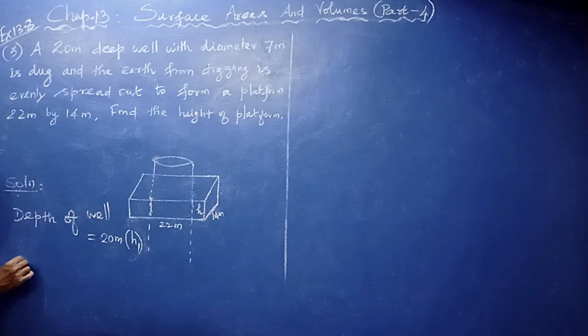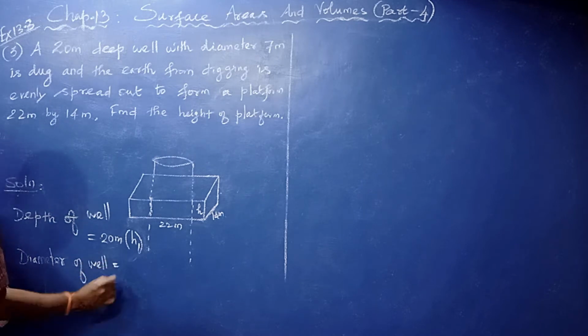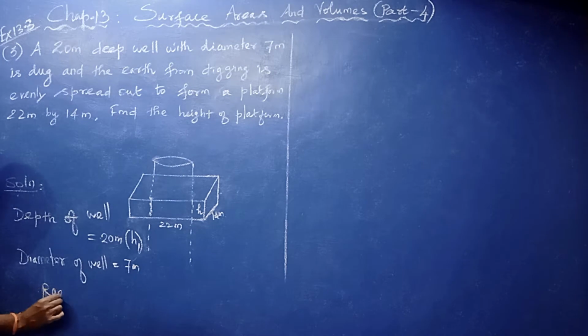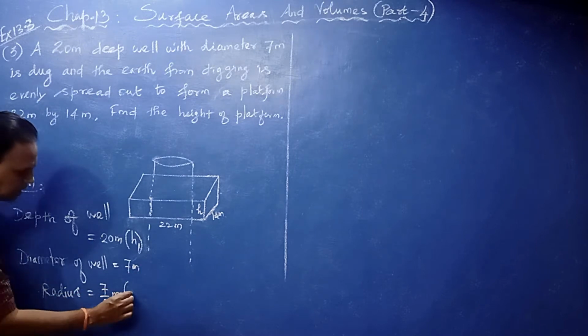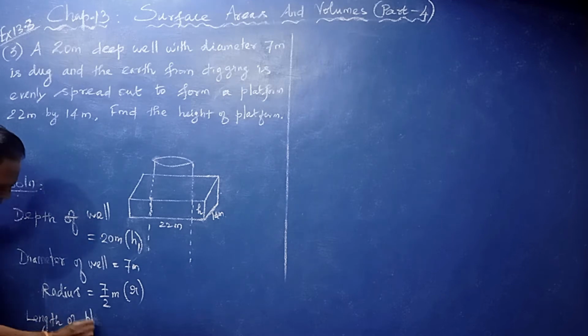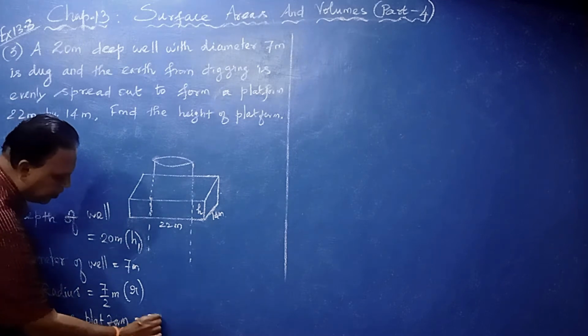Next, diameter of well is 7 meter. That means you have to find out the radius. Radius equals 7 by 2 meter. That is R. Now length of platform is given as 22 meter.